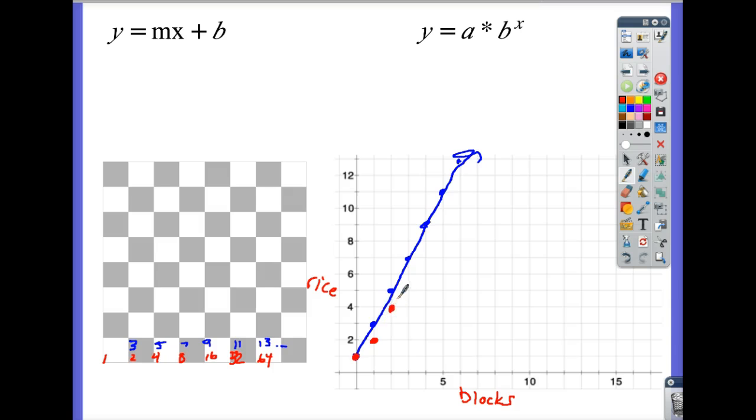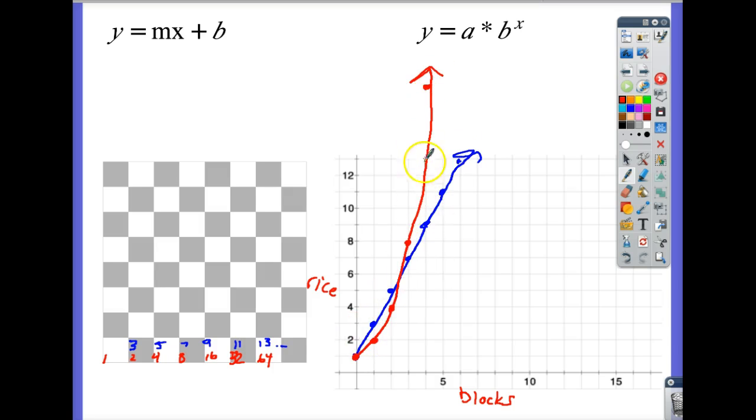Still less than the linear, but multiply by 2 again on the next, and you see that we start to eventually grow a lot faster, to 8. The next one we multiply by 2, we get to 16, somewhere around here. And if we make that curve, you get something that looks along the lines of that.